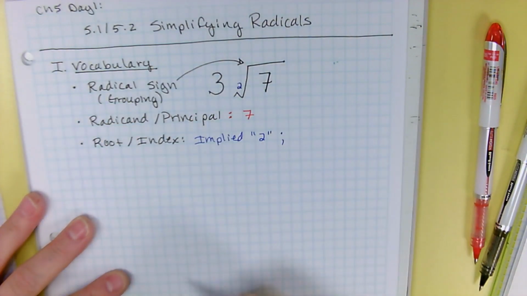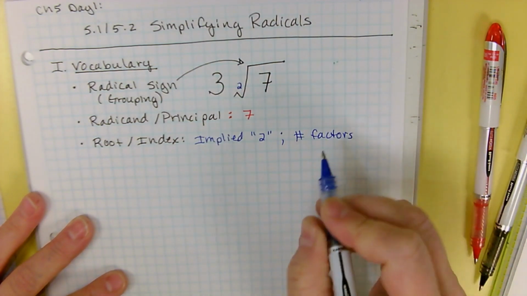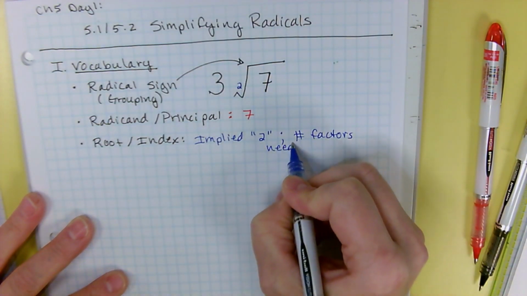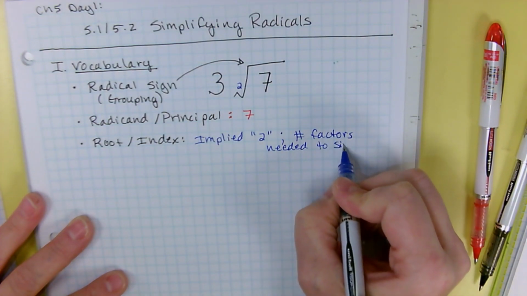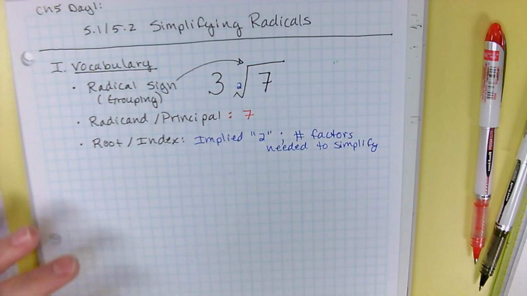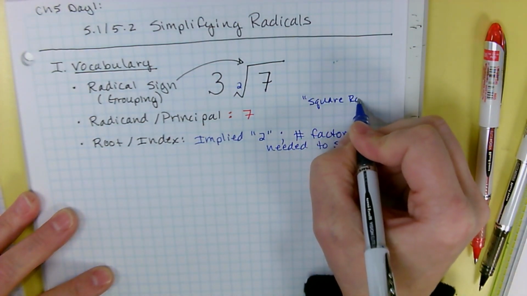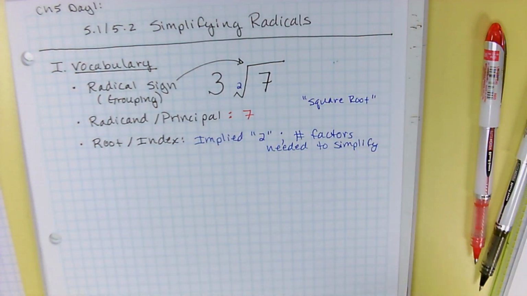And the index or the root tells you the number of factors needed to simplify. So if it's a square root, which is a 2, that means you need 2 factors. And so for every 2 factors, 1 comes out. If it's a cube root, which is a 3, it's every 3 factors 1 comes out.